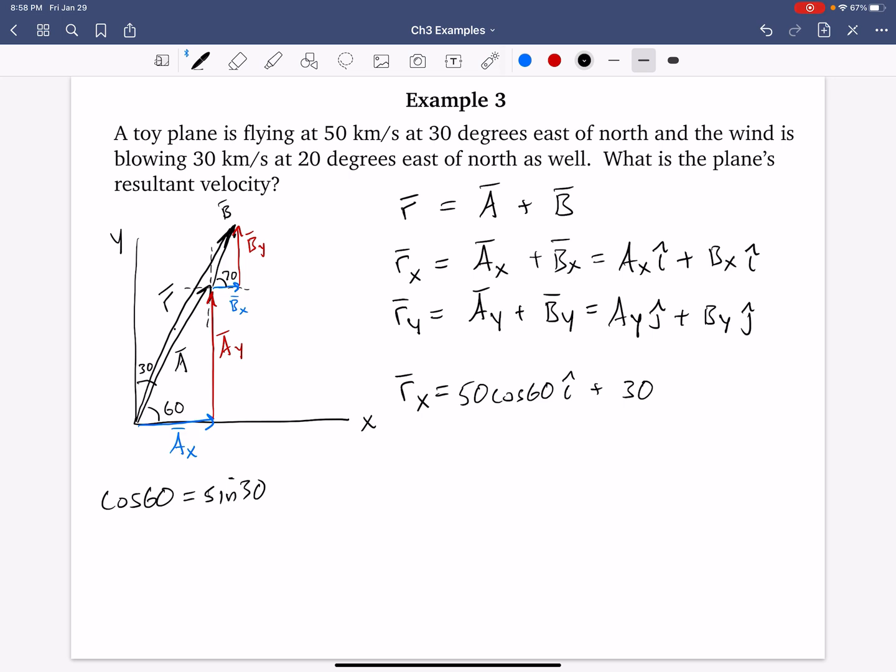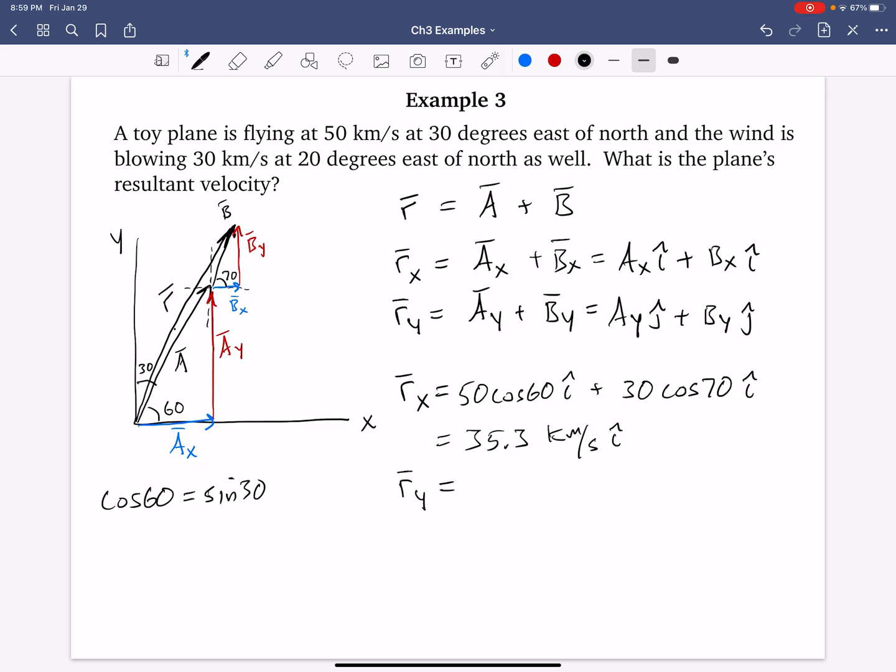Okay, so cosine 70. And again, you could use sine of 20. And so if we add up that, if we evaluate the x component, we should get a value of 35.3. And the units here are kilometers per second, I hat.